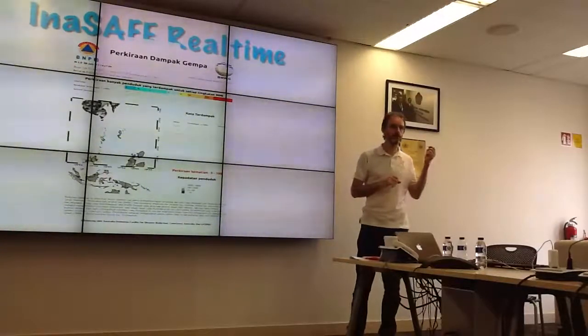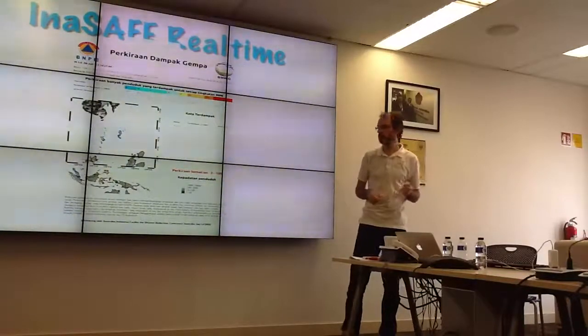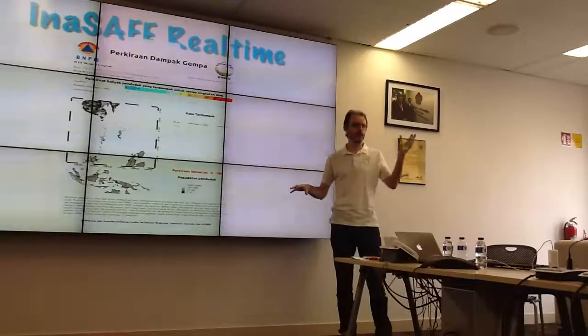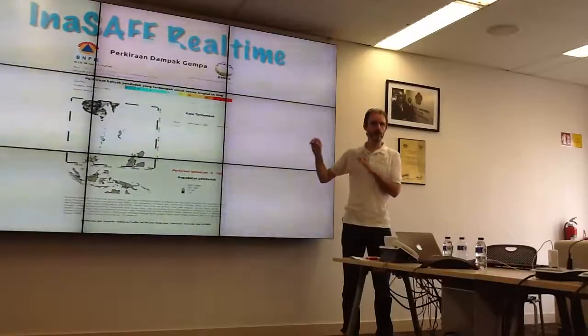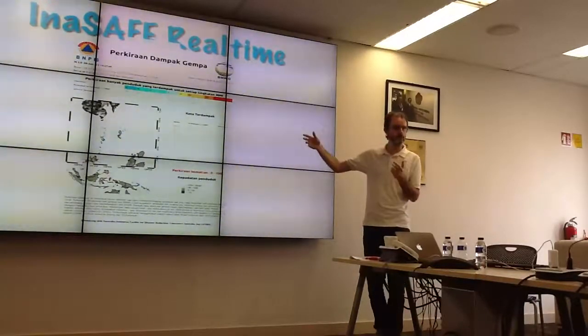It checks a folder on a hard drive for a new data set every minute, which is basically a new earthquake event. The earthquake event gets put onto the hard drive by FTP, secure copy, from BMKG every time an event occurs.